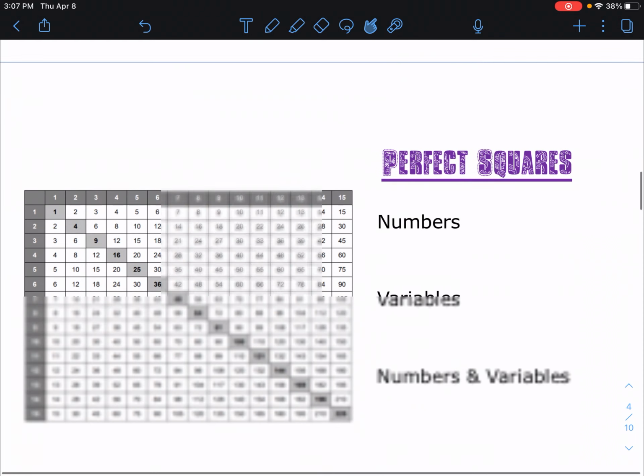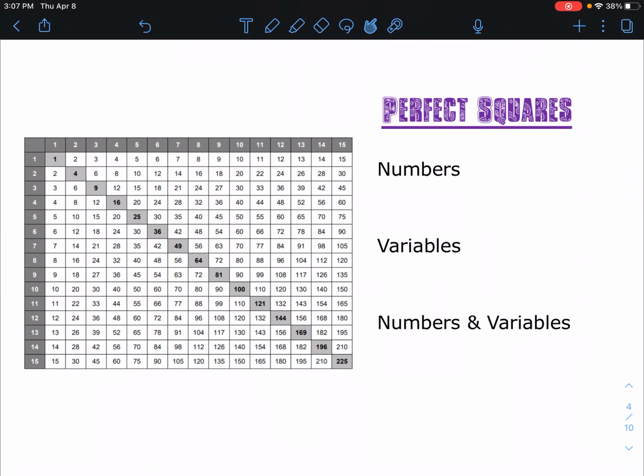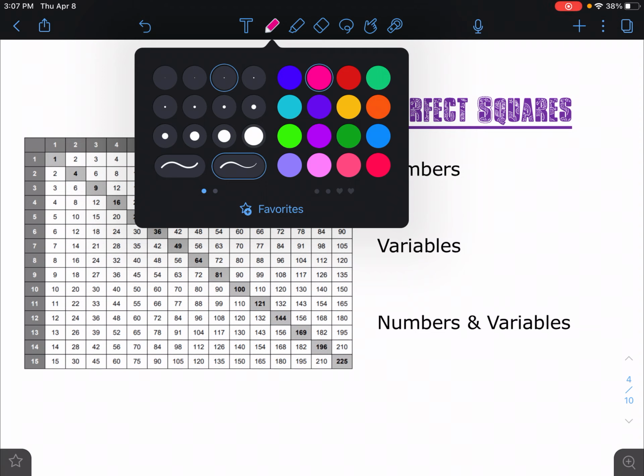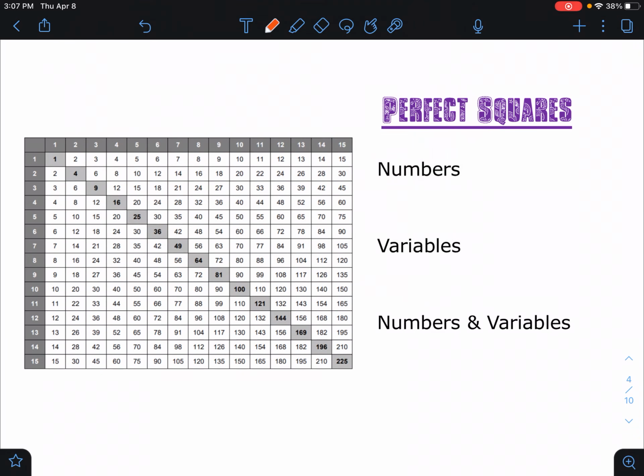So first of all, let's refresh our memory on perfect squares. The first thing you want to recall, we discussed this last time, is if you see numbers, they are going to be these ones on your multiplication chart right down the middle, right? 1, 4, 9, 16, 25, etc., all the way up. I mean, it keeps going, but on our chart here up to 225.